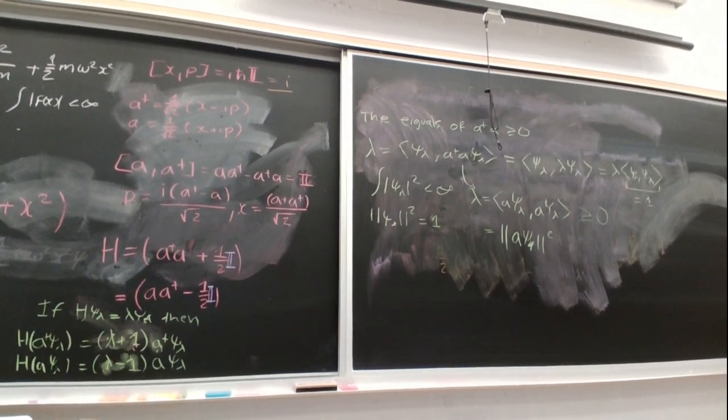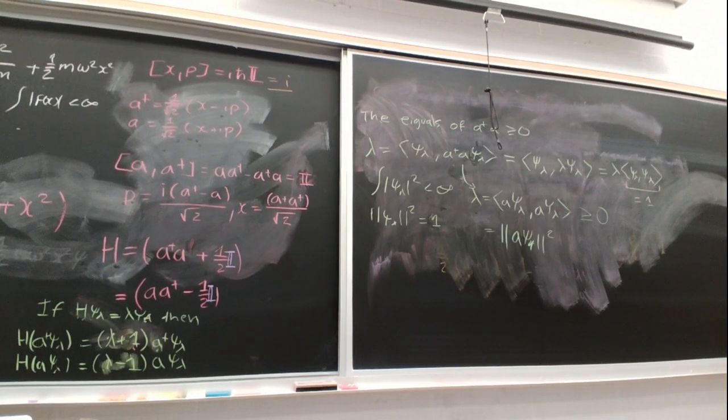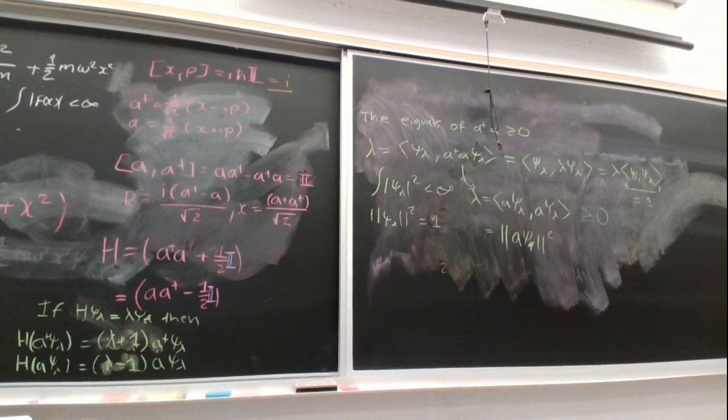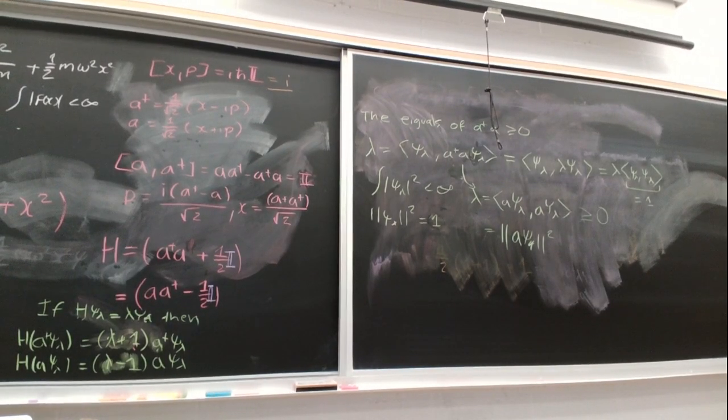And I also got that if I have an eigenvector, then there has to be another eigenvector with eigenvalue minus 1. So if I have an eigenvalue, there has to be an eigenvalue lower. Do you agree?